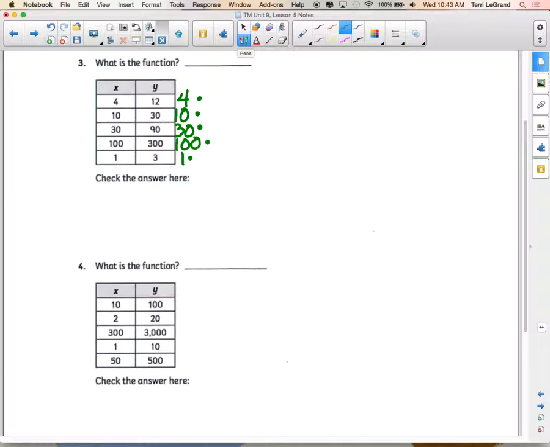What's happening to the input? Talk to me. What's happening to the input? Multiplying by 3, okay. And again, in your work, I would like you to circle that to show there's always, oftentimes, something that does not change. That better be in our equation then.